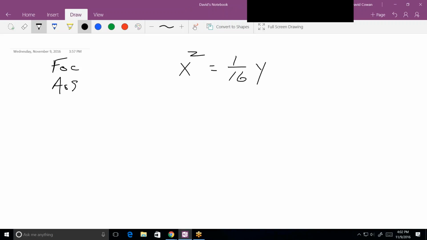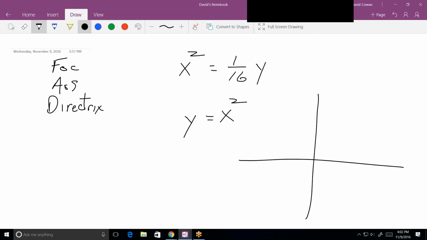Is that a vertical or a horizontal parabola? I think vertical. Yeah, and the way to remember it is the one you learned before they got to conic sections was this, right?